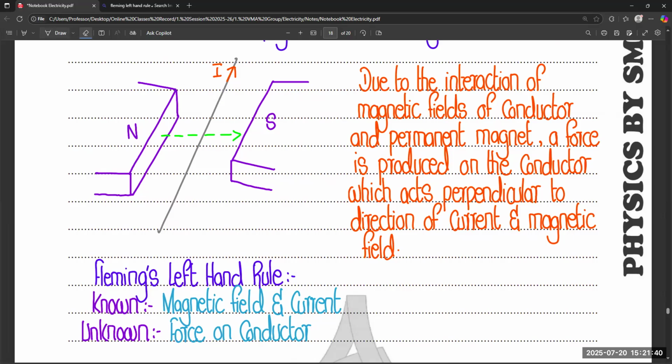So that's why the direction of the force is downward on this conductor, right? Any confusion in this?